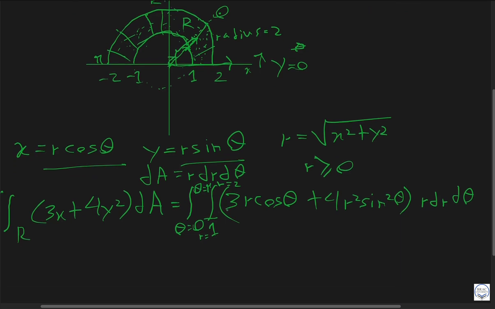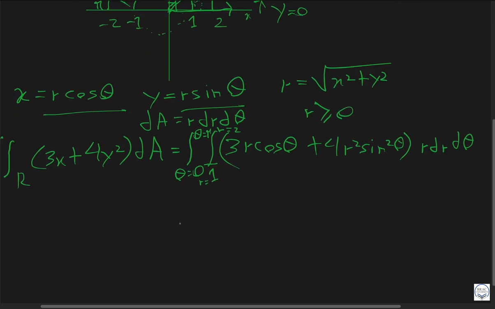This will give us this setup for our integral: theta from 0 to pi, r from 1 to 2. We just write it down: 3r cos theta plus 4r squared sine squared theta.